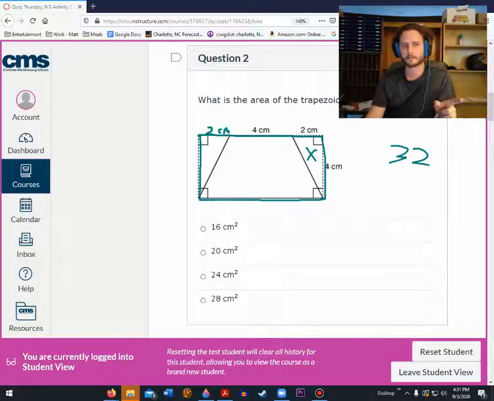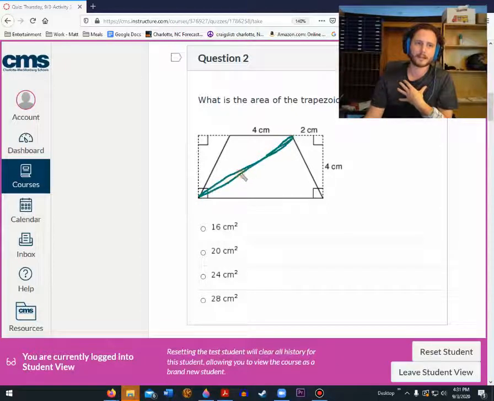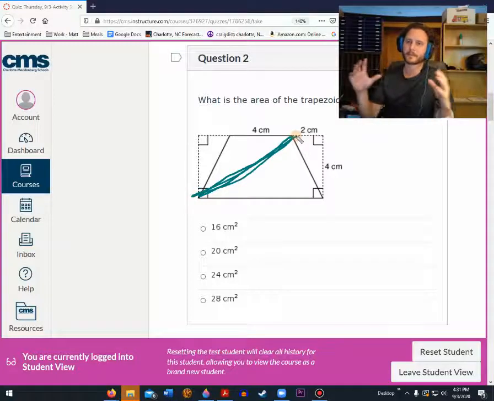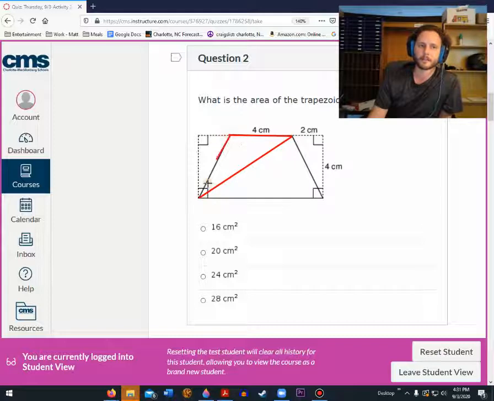That's not the only way to get the correct answer though. My personal favorite when finding area of a trapezoid is to cut it into 2 triangles. So I draw one diagonal line, and that separates your trapezoid into 2 triangles. Let me see if I can use this line tool to make a cleaner line. There we go. So we have 2 triangles. I will color code this one in red, and I'm going to color code a different one in a shade of blue.